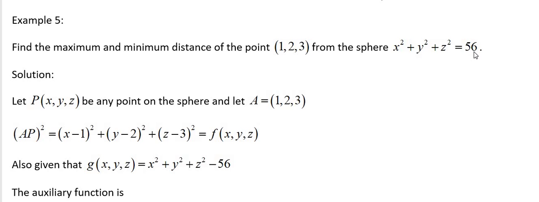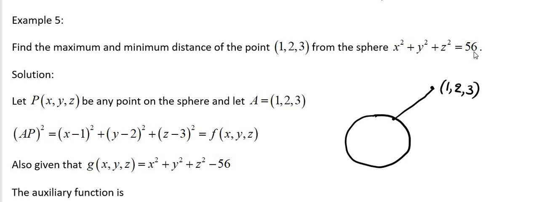I am going to draw one rough diagram. If we consider this as a sphere, this is the point (1, 2, 3). From this point to this point, I am going to get the minimum distance. From this point to this point, I am going to get the maximum distance. This is only a rough diagram.